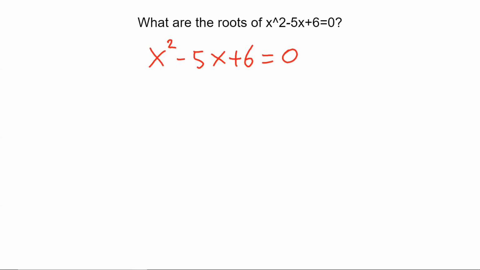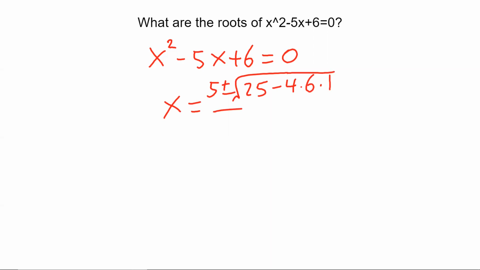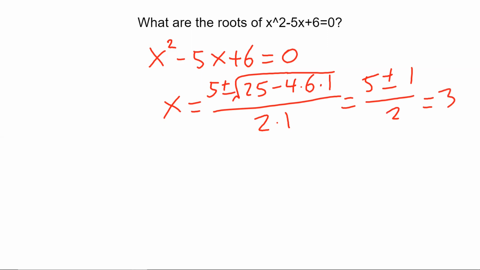You could say x is equal to negative b plus or minus the square root of b squared, which is 25, minus 4 times 6 times a, which is just 1, all over 2 times 1. And you would get this huge messy thing, and you would simplify this down to plus or minus 1 over 2. And you would either get 3 or 2.